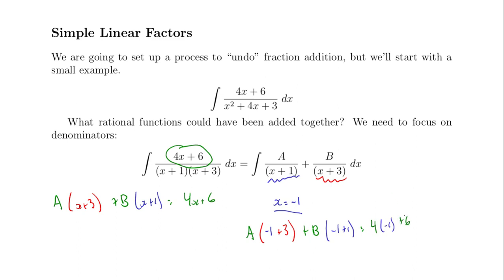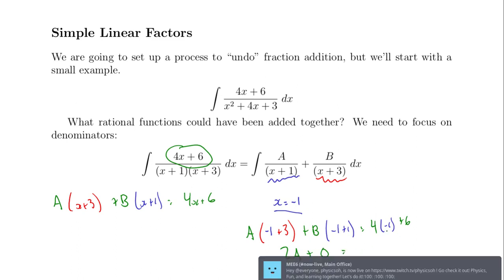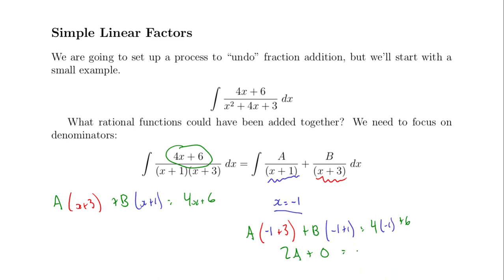So I'm just evaluating this equation at negative 1. And if we do that, we're going to see pretty clearly we get 2a plus 0b equals 2. All this to say, a is equal to 1.